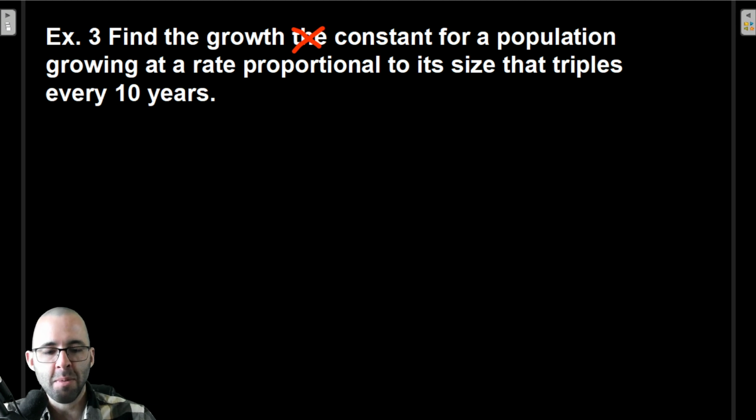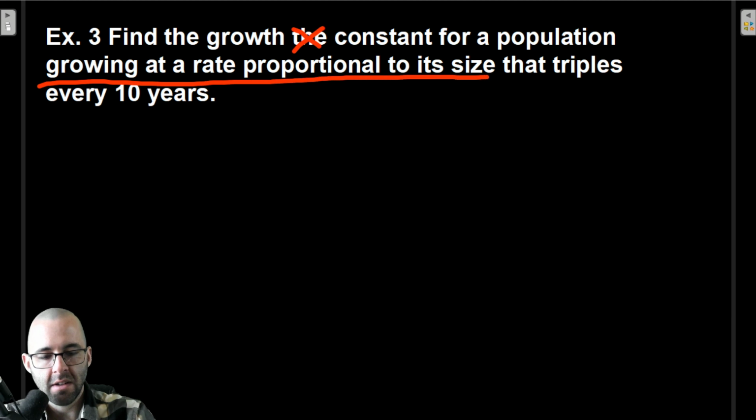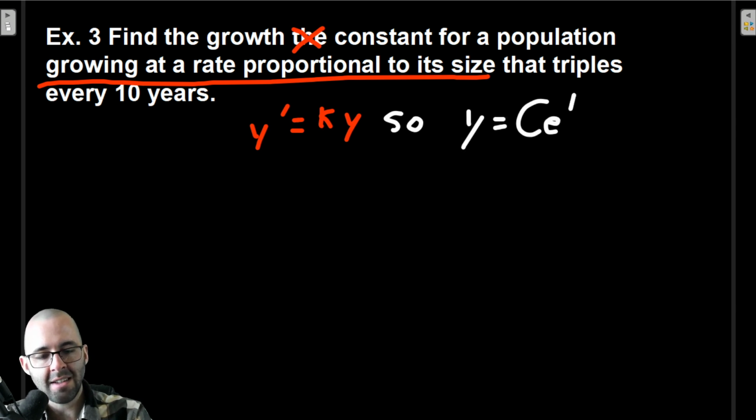Find the growth constant for a population that's growing at this rate. So growing at a rate proportional to its size, again, that just means that y prime is equal to a constant times y. Okay? So again, that immediately tells us that y is going to be ce to the kt.